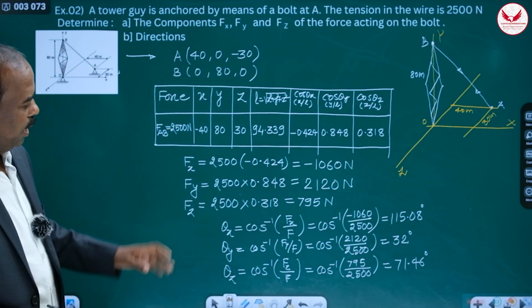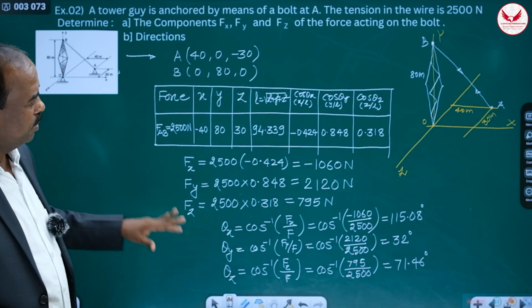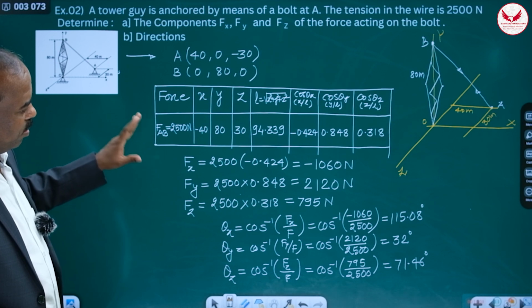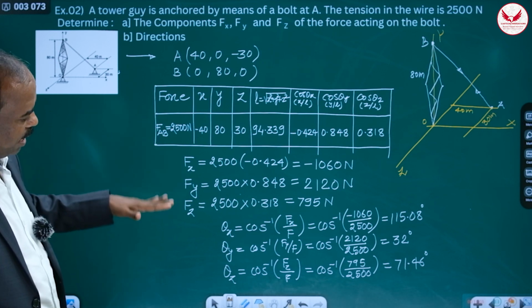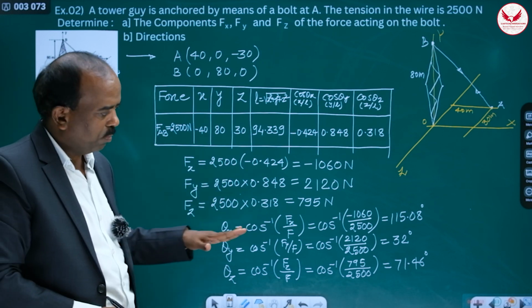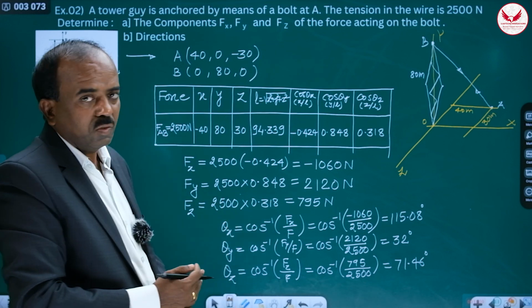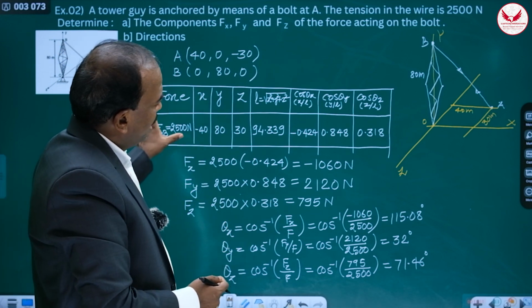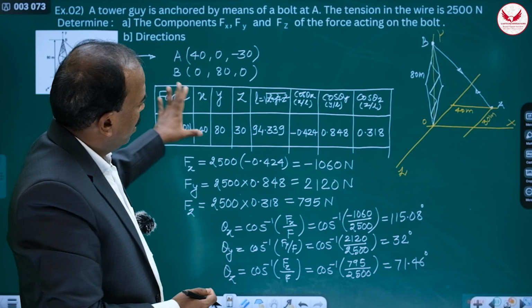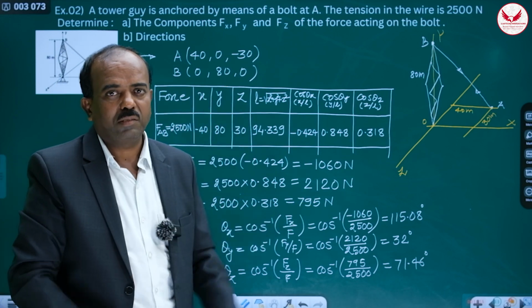Means see, by using the table itself, in 3-dimensional or space forces, we can easily get the x component, y component, z component, and their direction also. So this is the solution of this problem by using the tables. Thank you.